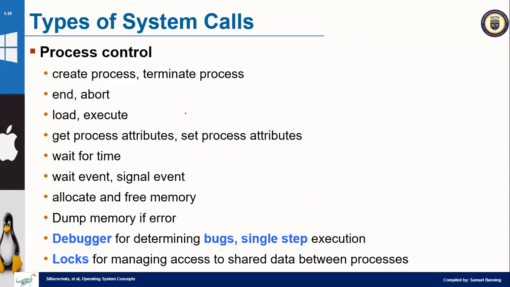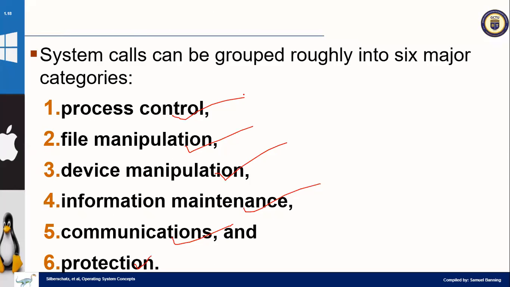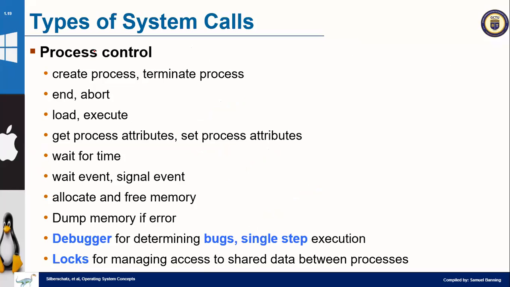Let's look at the system calls for process control. That was the first one. When it comes to process control, we have system calls to create a process, terminate a process, end a process, abort a process, load a process, execute, get the attributes of a process, set the attributes of a process, wait for time, wait event, and signal a process.